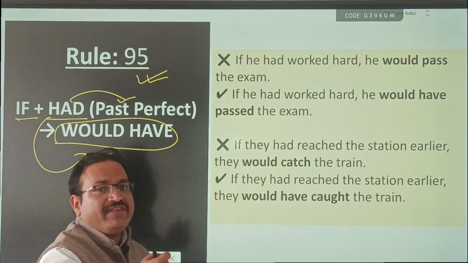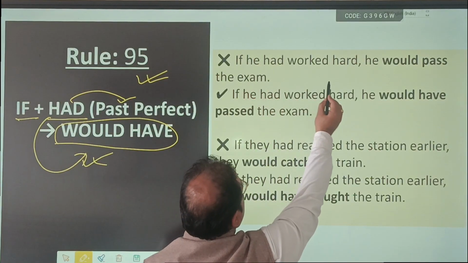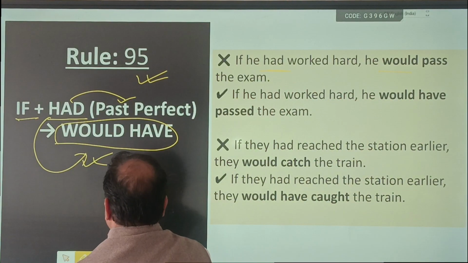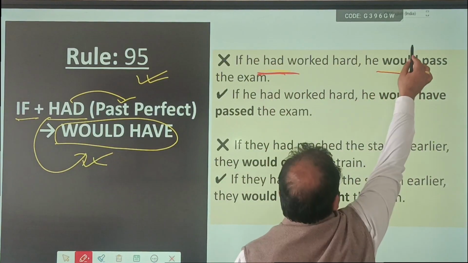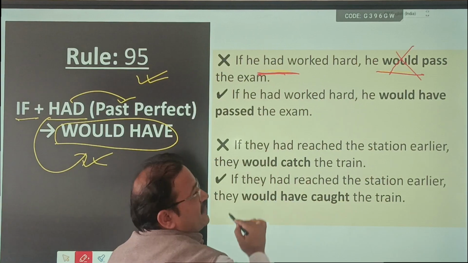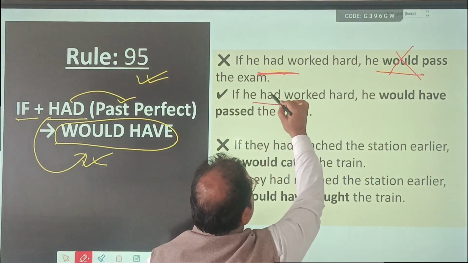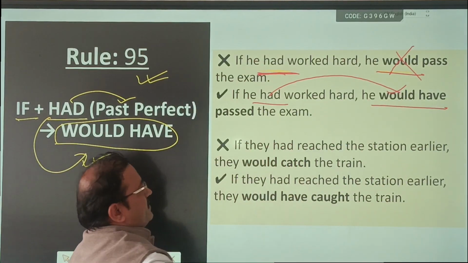Because this rule is very, very important for your examination. If he had worked hard, he would pass. Wrong, because had is followed by would have. So, if he had worked hard, he would have passed the exam.